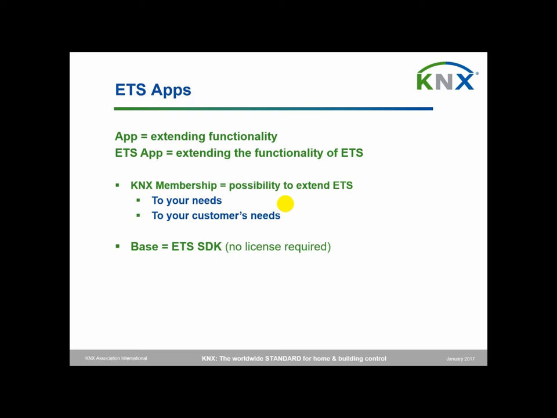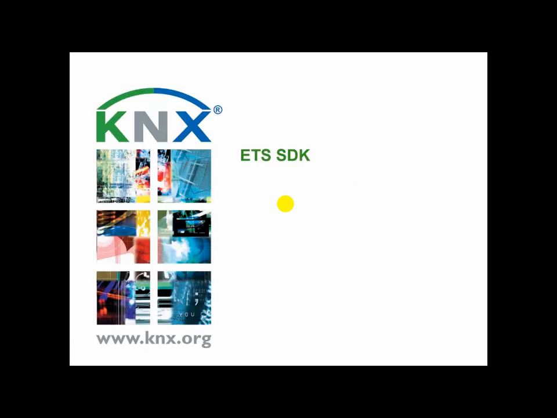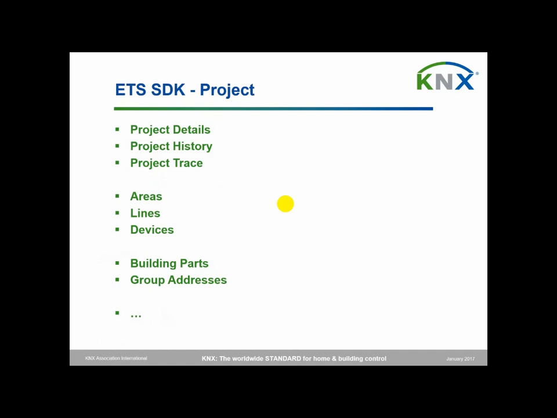Now, an ETS app always has as its base the so-called ETS SDK, the ETS Software Development Kit, for which as such no license is required. About this ETS SDK, here is an overview of what kind of data can be accessed, influenced and used by an ETS app.